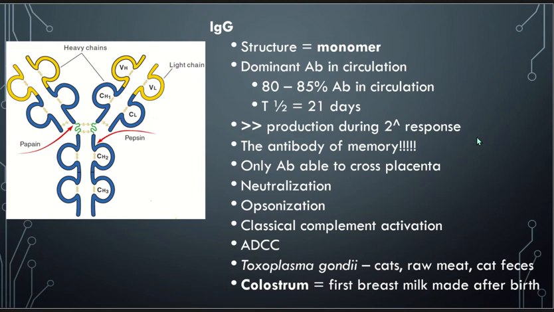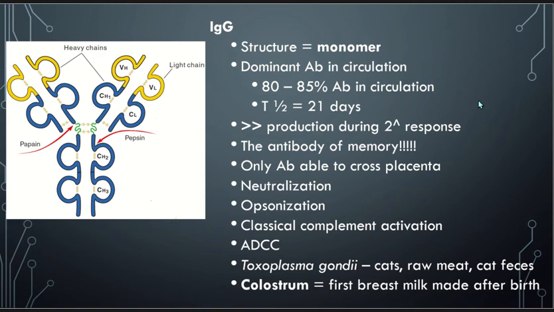Okay, so now let's get to the IgG class. This is pretty much going to be a monomer, but it's going to be one of the most important classes. It's going to be what makes up a majority of the antibodies in your serum.